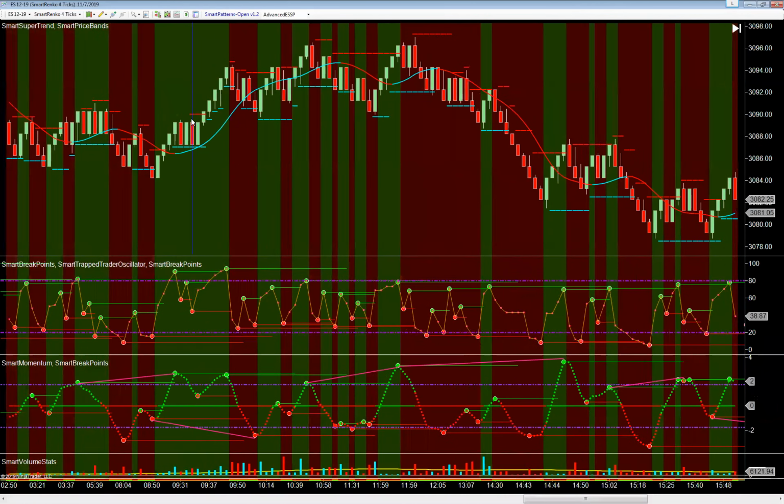So here's Thursday, the 7th, the market opens on the blue line, and we immediately have a trend reversal up when price takes this out. So we're looking up, okay? Here's a type 2 with smart momentum. Trap trader oscillator doesn't quite get undervalued. This is also a little single bar trap with trap trader oscillator saying, oh, look out, it's this type 1 divergence.